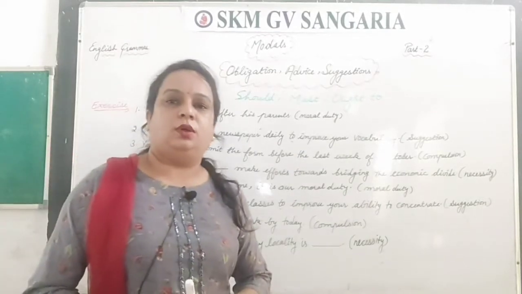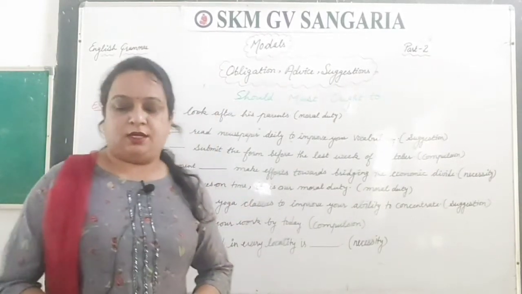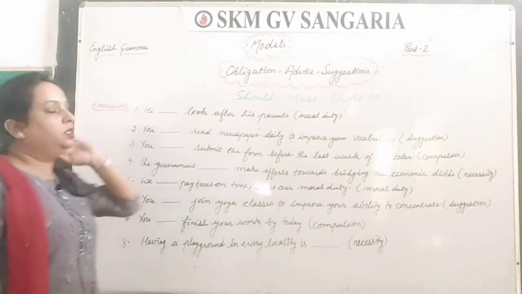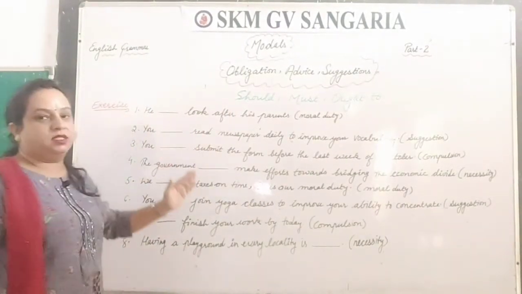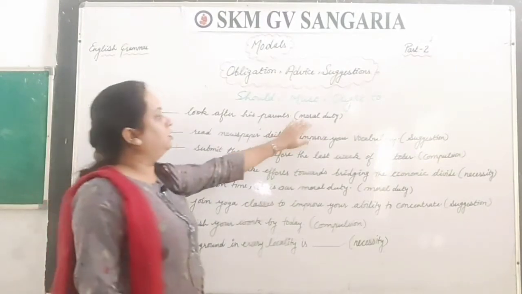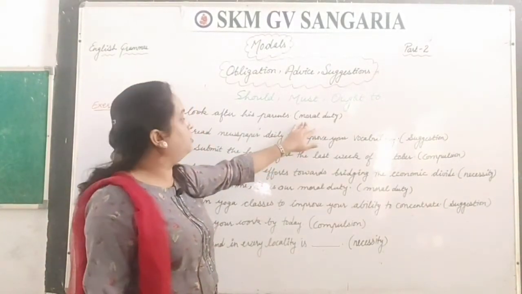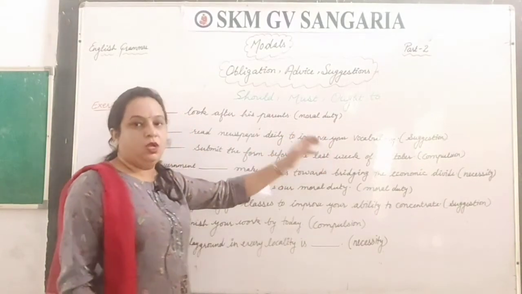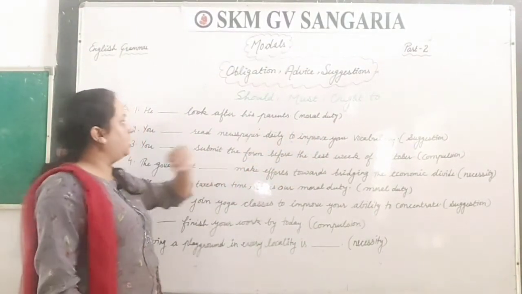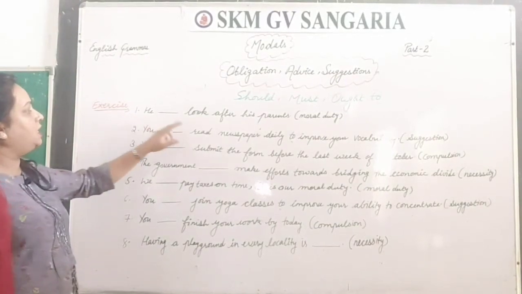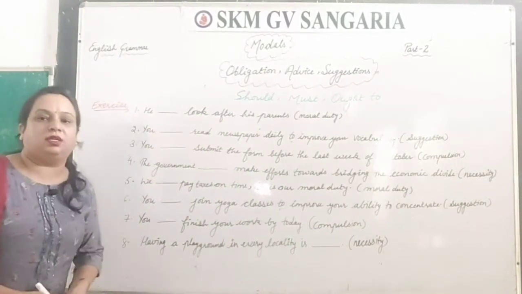Now let's talk about the exercises related to must, ought to and should. So this is again a fill in the blanks type of exercise, and the advice is given to you to fill in how to use these. For example, the first one is: he dash look after his parents.